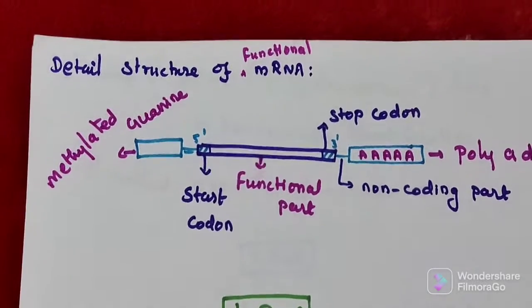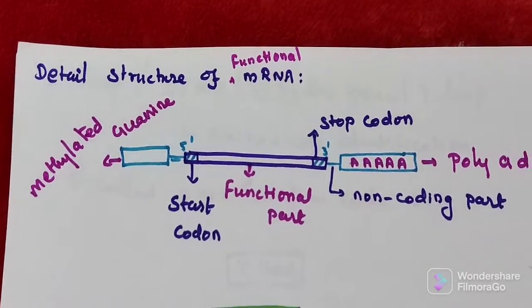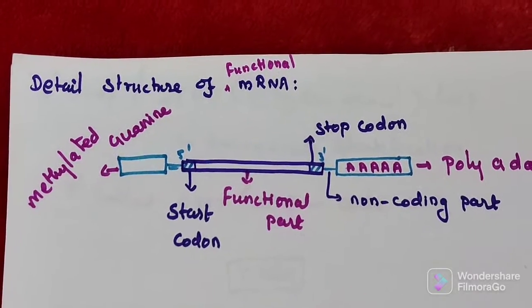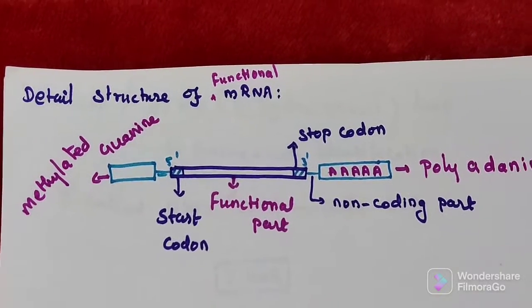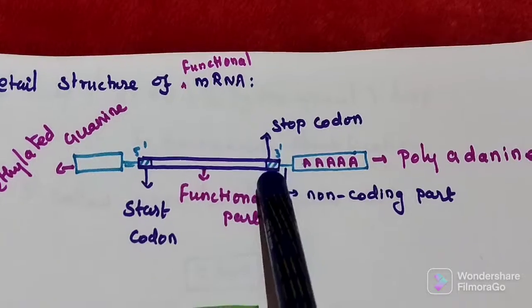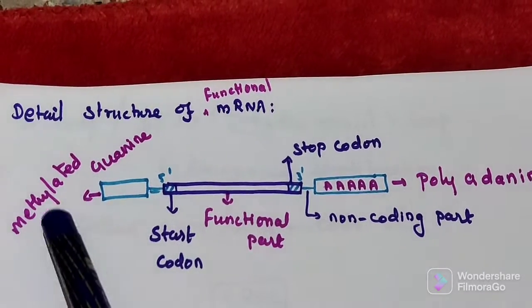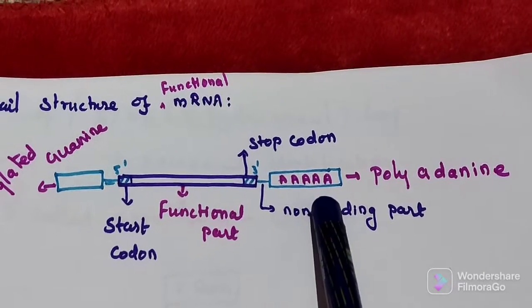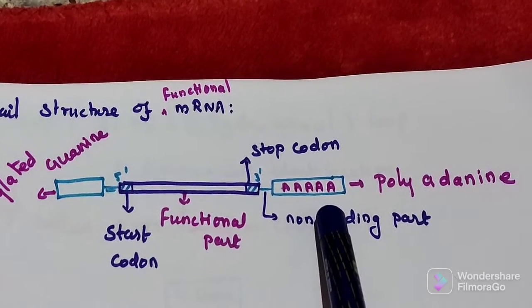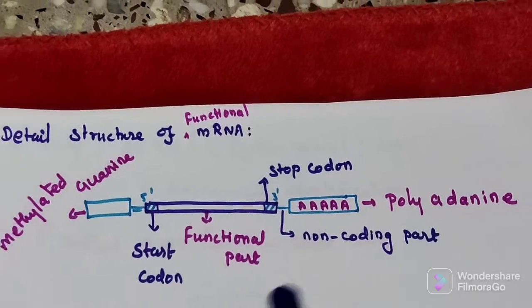Now we will study the detailed structure of functional mRNA. This one is the starting codon, this one is the stopping codon. Here, this one is the cap, methylated guanine, and this one is the tail, polyadenine.